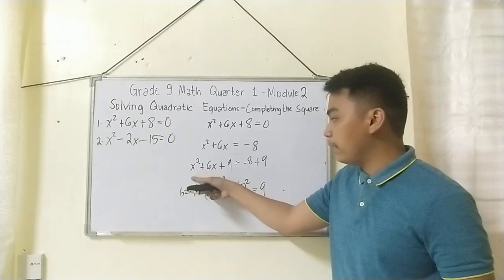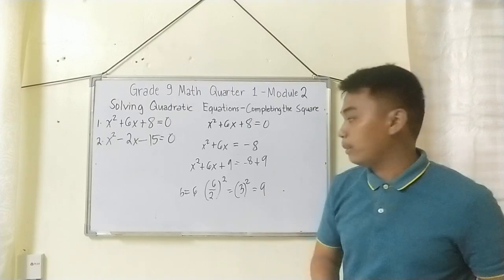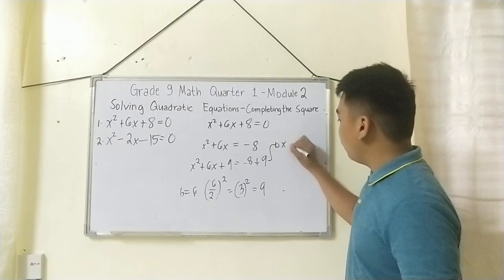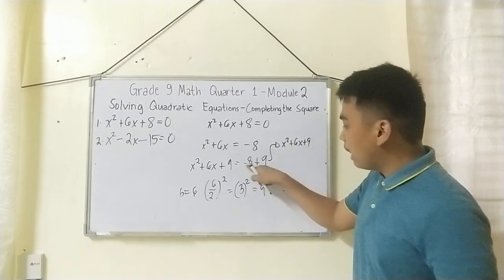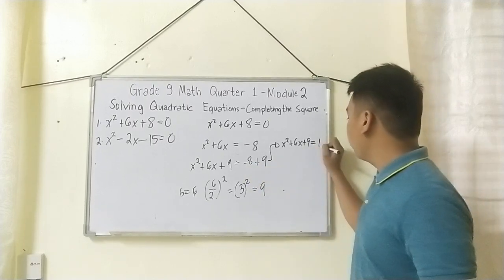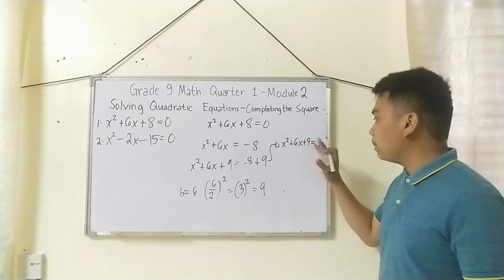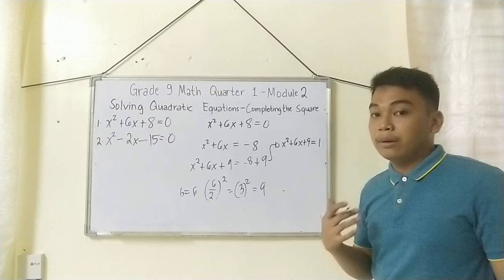So x squared plus 6x plus 9 is now a perfect square trinomial. So next, we have x squared plus 6x plus 9 on the left. On the right, negative 8 plus 9 is equal to 1. Next, we make x squared plus 6x plus 9 a square of binomial.